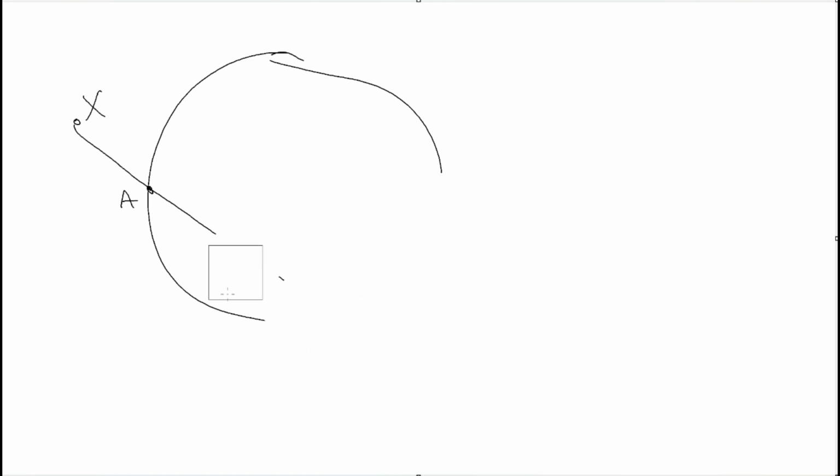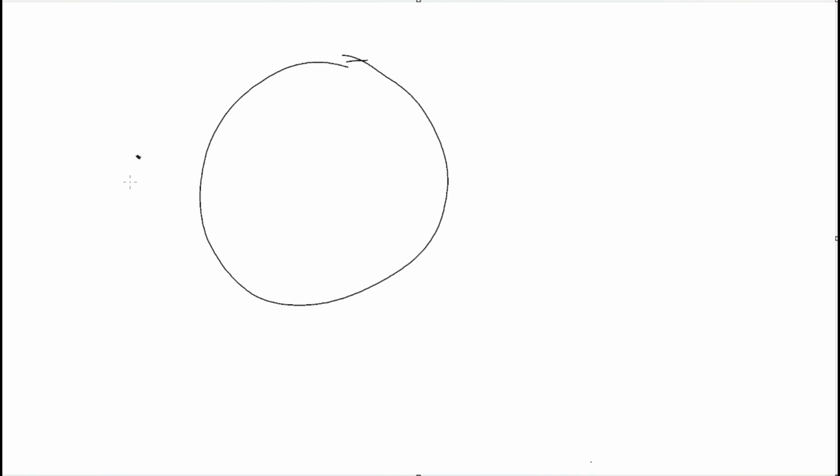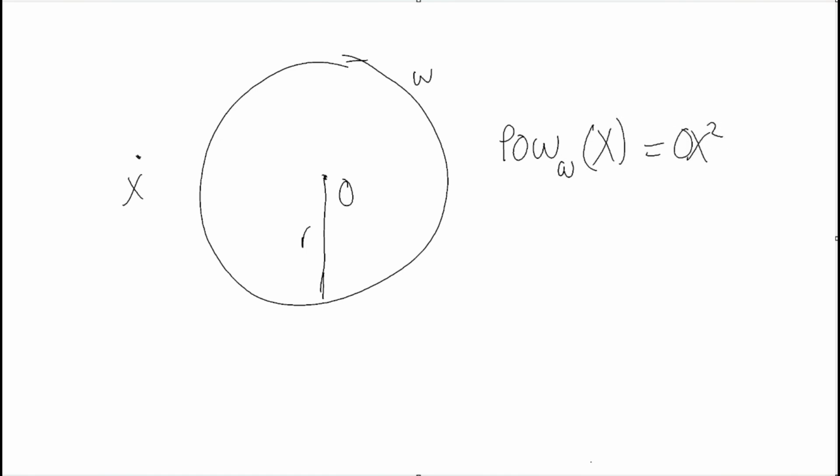For example, when we have a point X here, so again, we have our circle and the point X. If we have the center O and the radius is equal to R, it turns out that the power with respect to this circle omega of X is equal to OX squared minus R squared, for any point X, inside the circle or outside the circle.